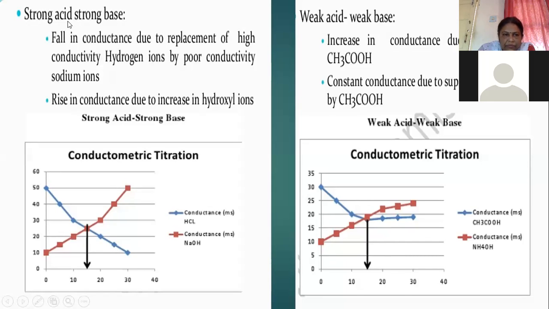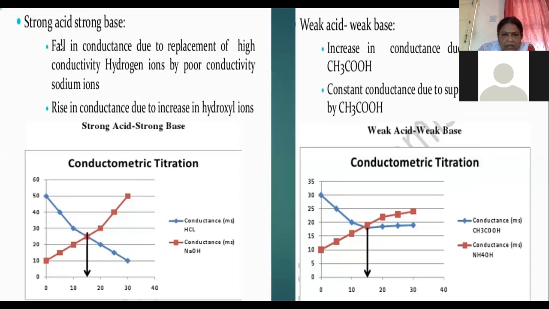So take 50 ml of strong acid in a beaker, dip the conductivity cell in the solution, and then you start adding sodium hydroxide in the beaker.